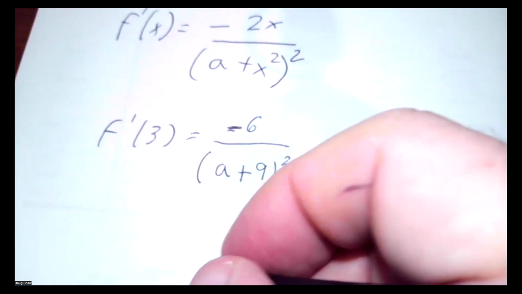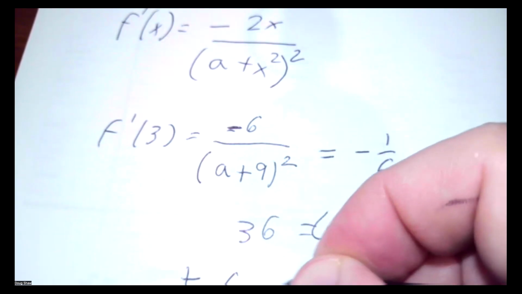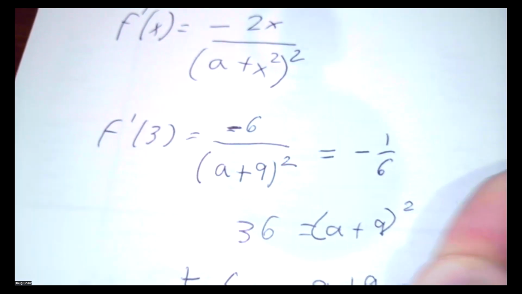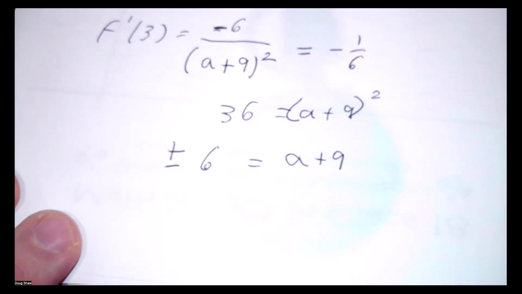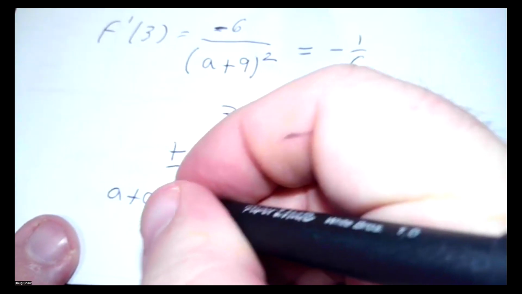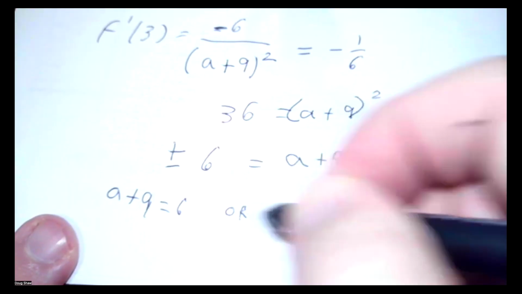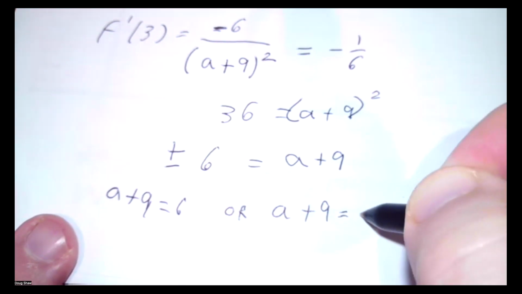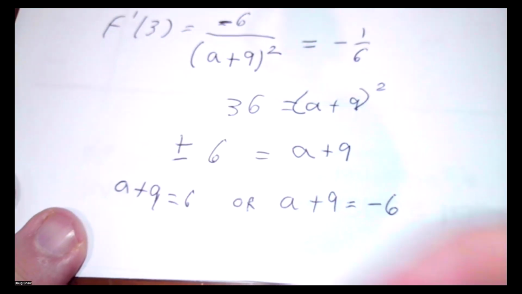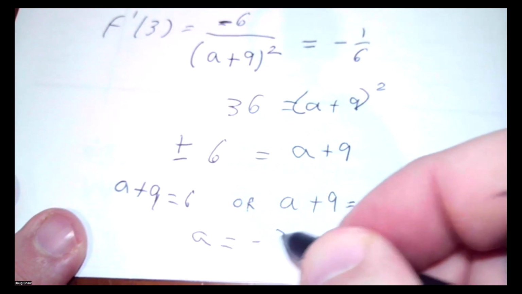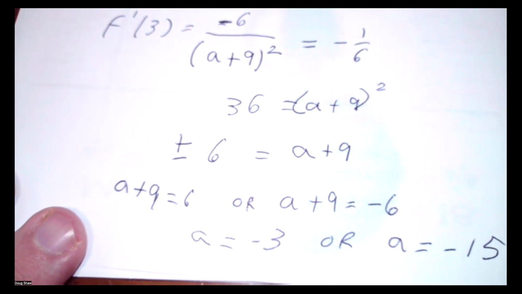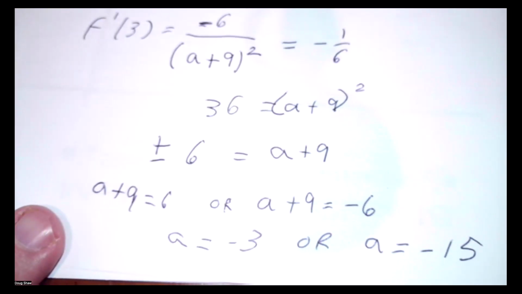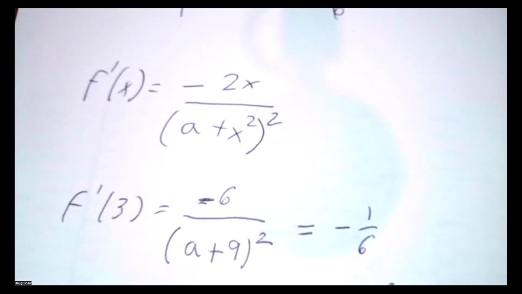So if I take the square root of both sides, I get plus or minus 6 equals a plus 9. So a plus 9 equals 6, or a plus 9 equals negative 6. So a equals negative 3, or a equals negative 15. And that's my answer.